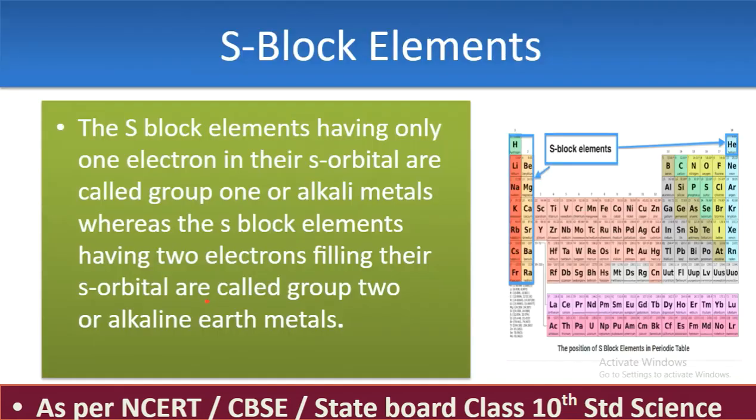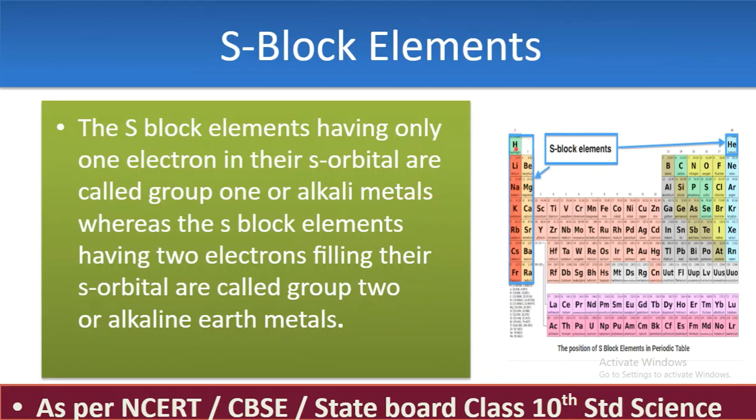First, let us look into the s block elements. The s block elements having only one electron in their s orbital are called group 1, or alkali metals. That means the outer electronic configuration, the valence electron, is only one, hence it is put into the first block called the s block.